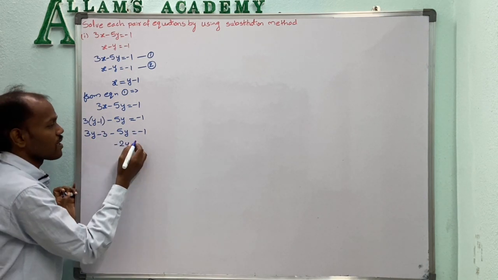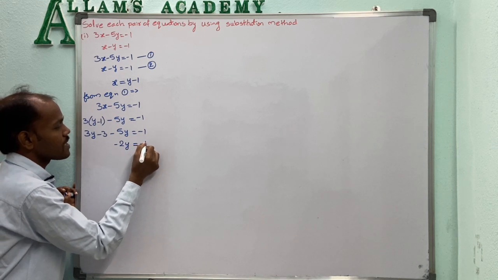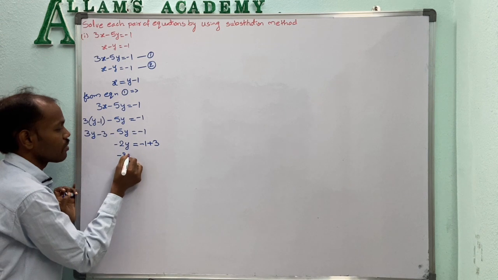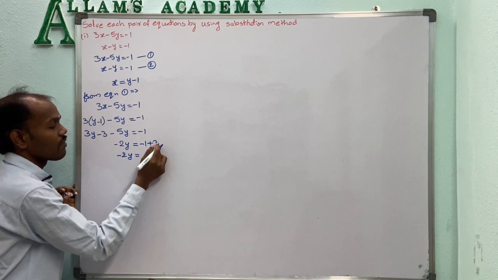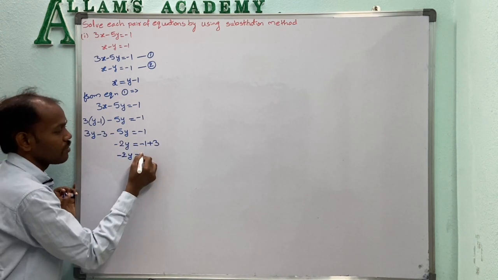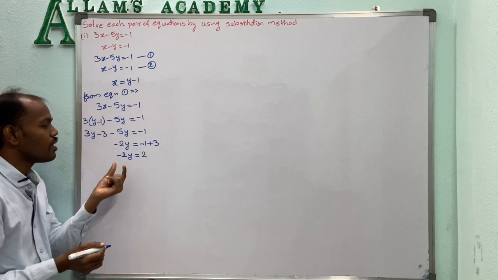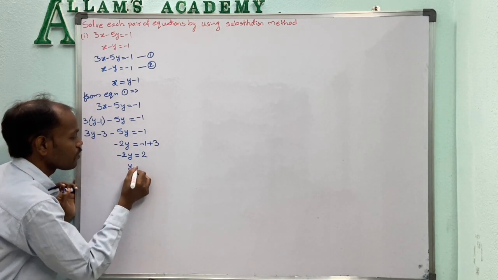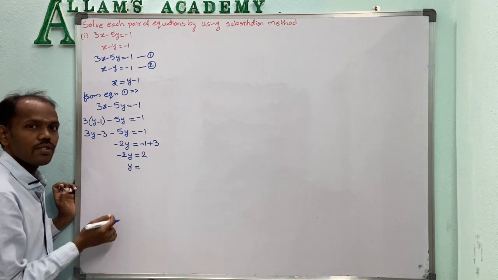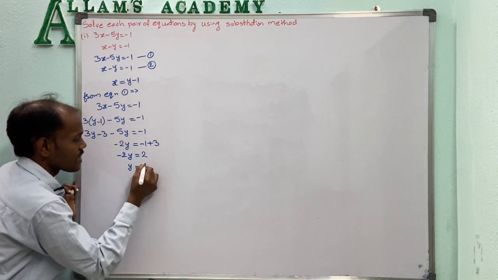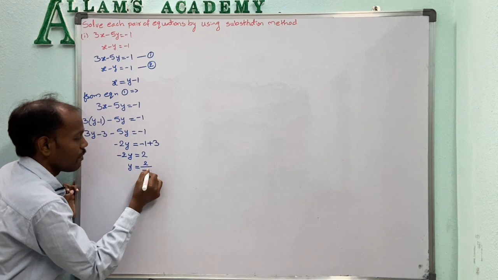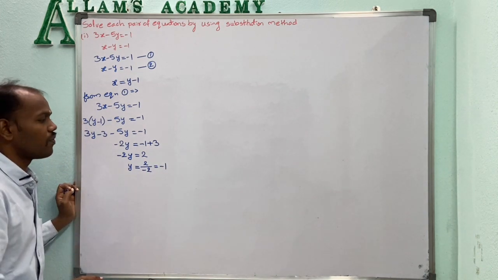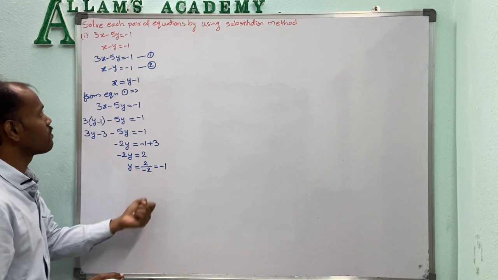Minus 3 transferred to that side is plus 3. 3 minus 1 equal to plus 2. So minus 2y equal to plus 2. Transferring the multiplication to the other side becomes division: y equal to 2 by minus 2, which is minus 1. So the y value is minus 1.